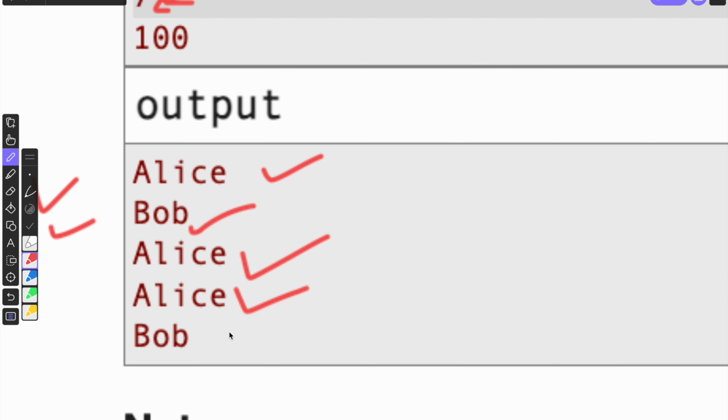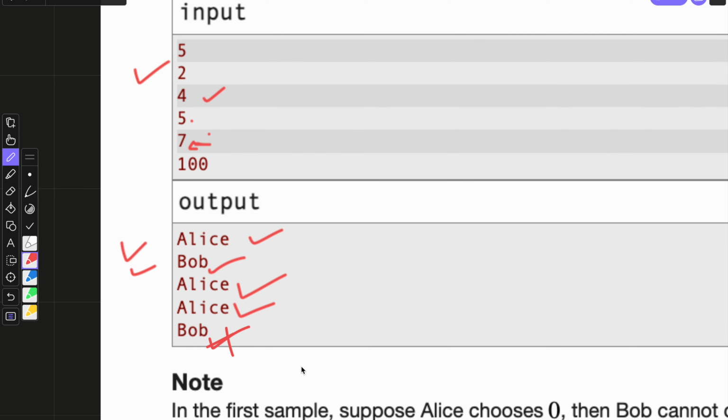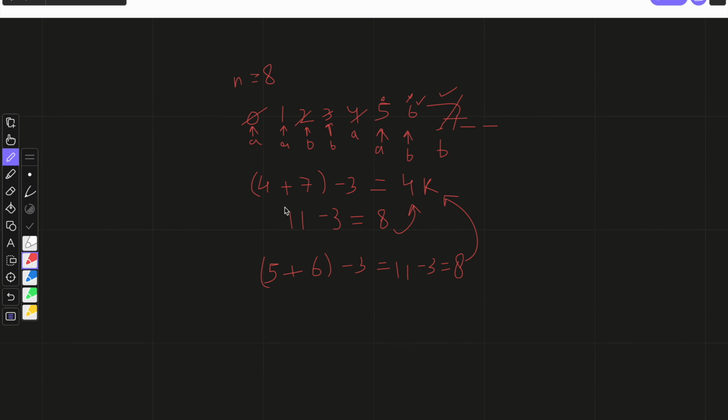So Alice is going to lose and Bob is going to win. The test case is not given here, so when N is equal to 8, Bob is going to win.